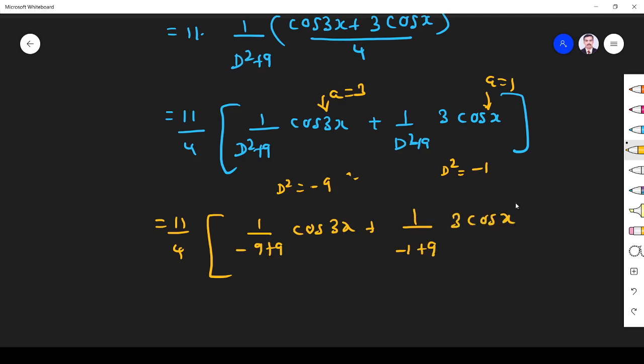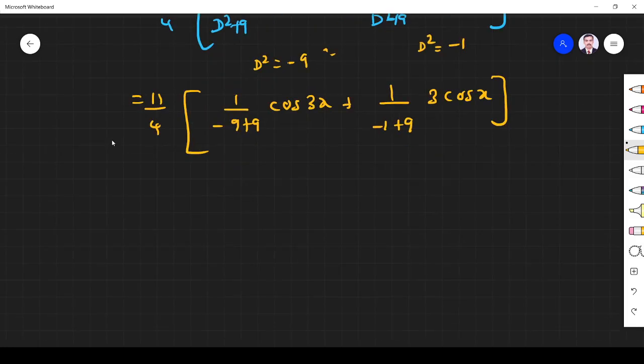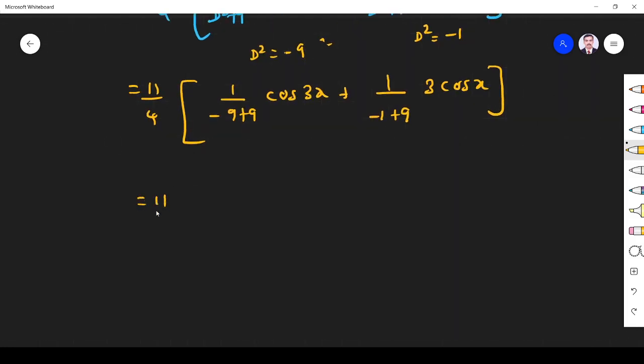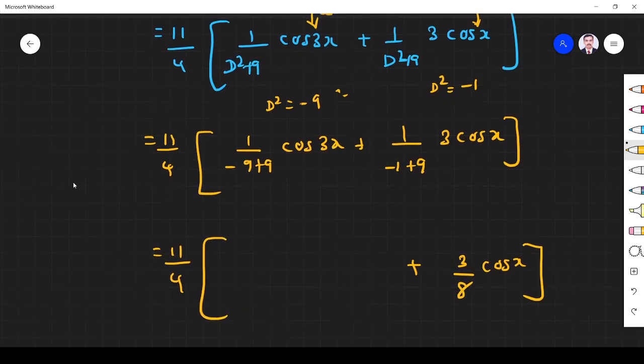So what will happen? It is 11 by 4, right? The denominator is becoming 0. So I will tell you what I have to do when the denominator becomes 0. The second term is 3 by 8 cos x. When the denominator becomes 0, multiply the function by x and differentiate the denominator.